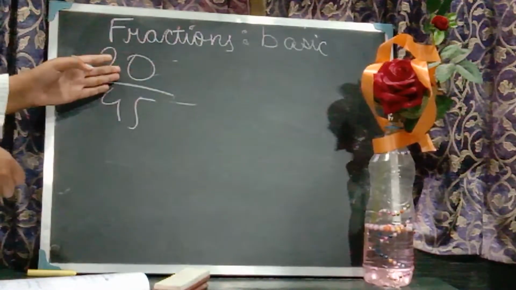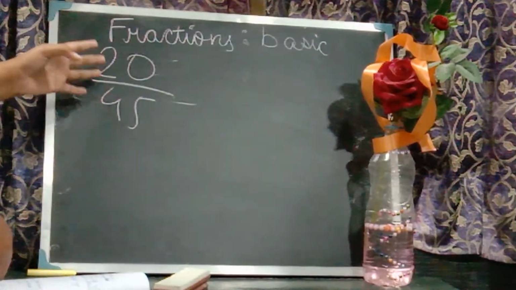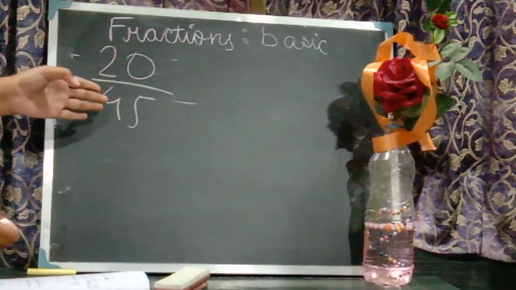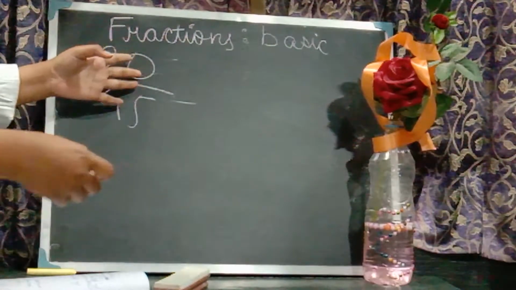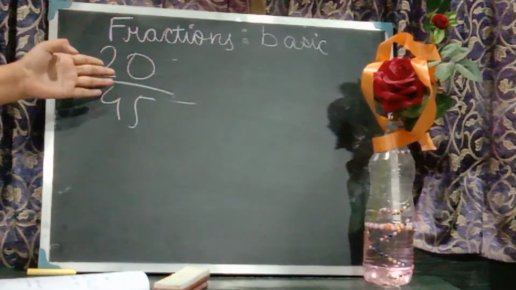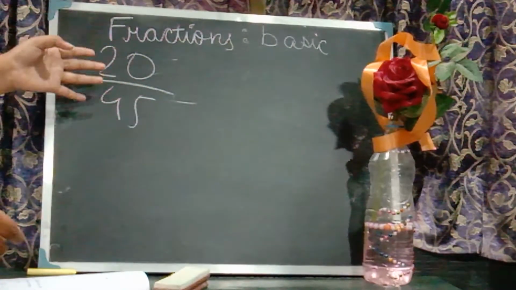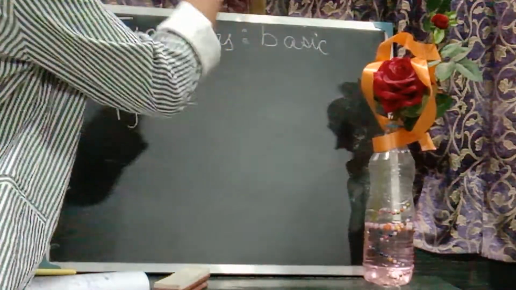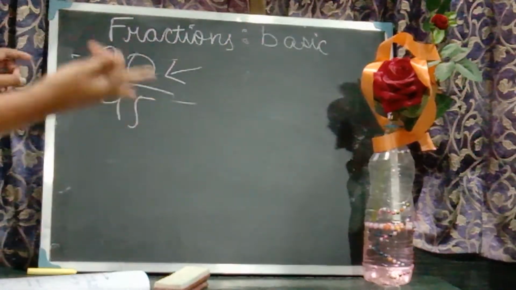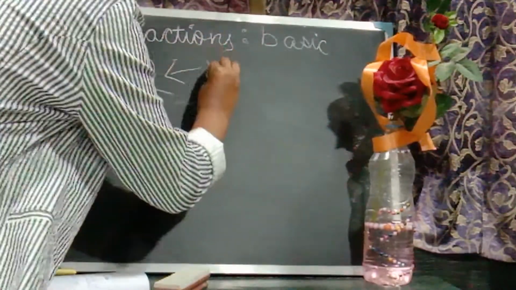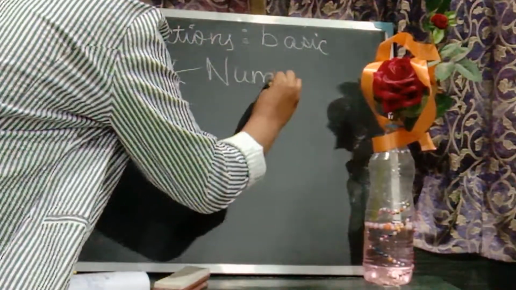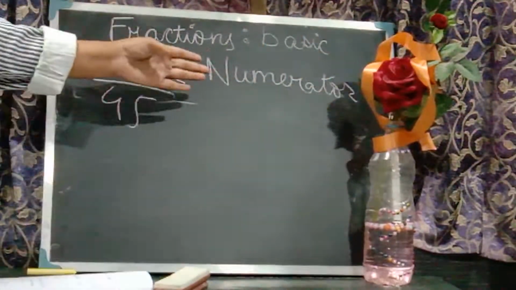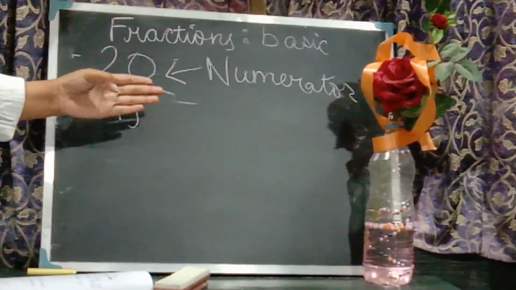The upper portion. 20/45 is a fraction in which, in the upper portion, you can see that 20 is written. The 20 can be any other number, and the upper part, which can have any number other than 20, is called the numerator.